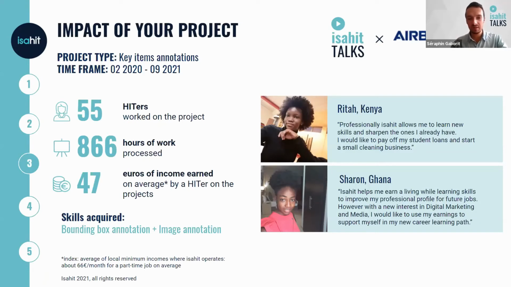And here, on this project managed with Airbus, they earned 50 euros per hitter for only 15 hours of work. And thanks to this work, our platform and our customers, we are able to generate impact for our community and help them finance and fund their life projects.